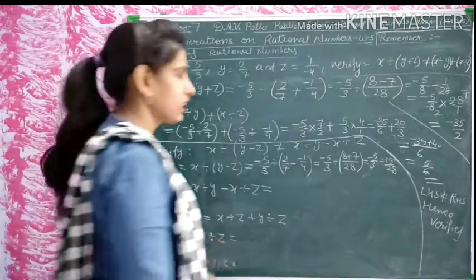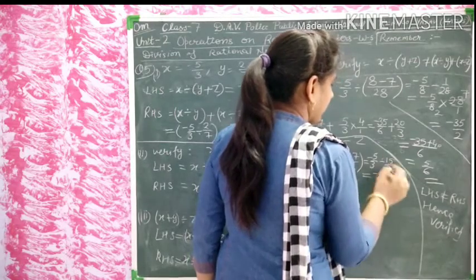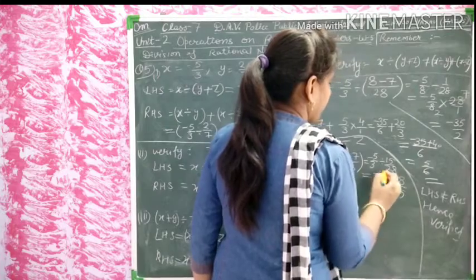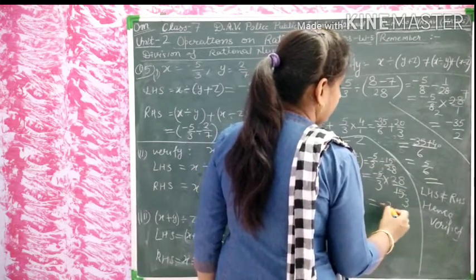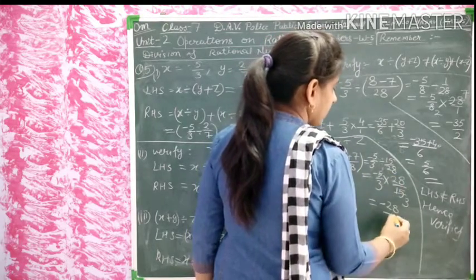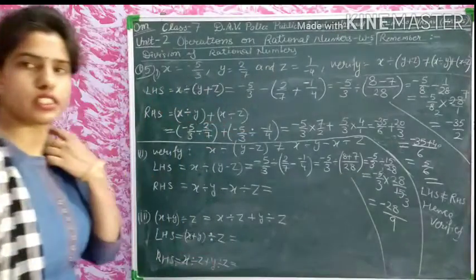Is this clear? Now we have to solve this. Minus 5 by 3, divide changes to multiply with its reciprocal, 28 by 15. 5 1s are 5, 5 3s are 15, and we will get minus 28 above, and 3 3s are 9. This will be the answer here. Is this clear, students? This is the LHS side.